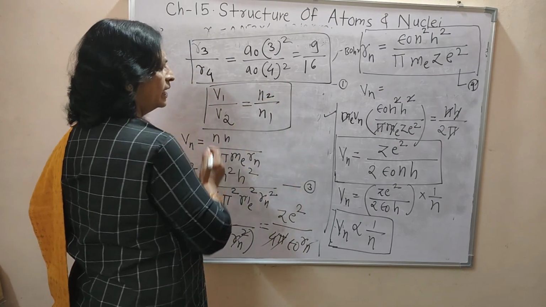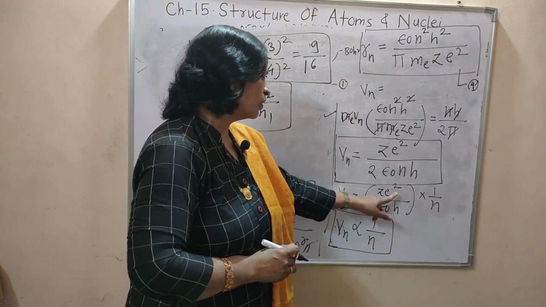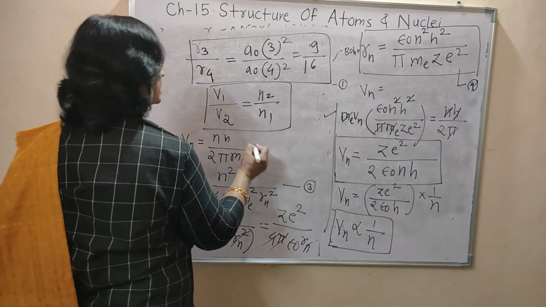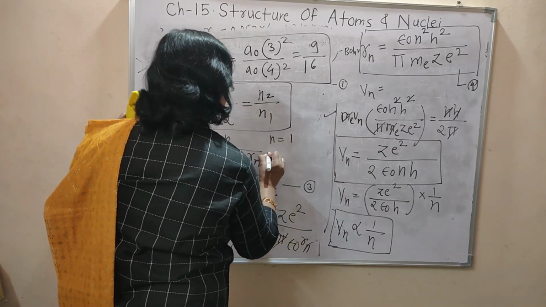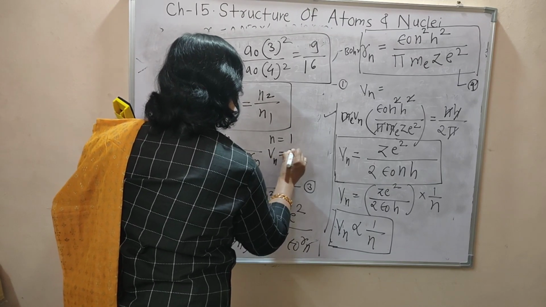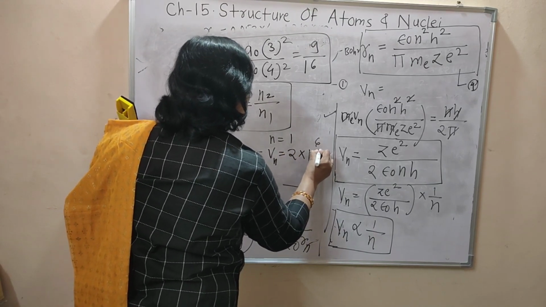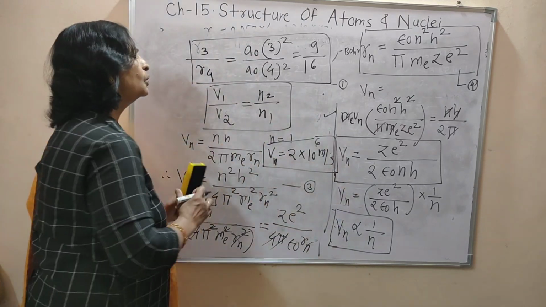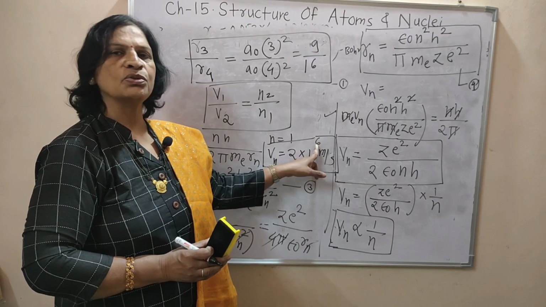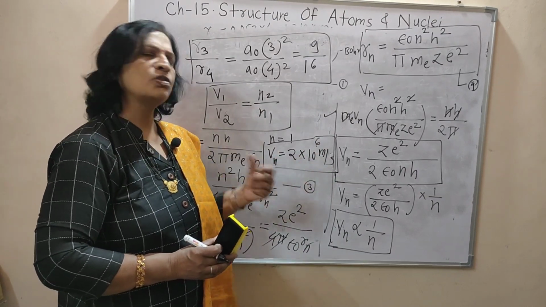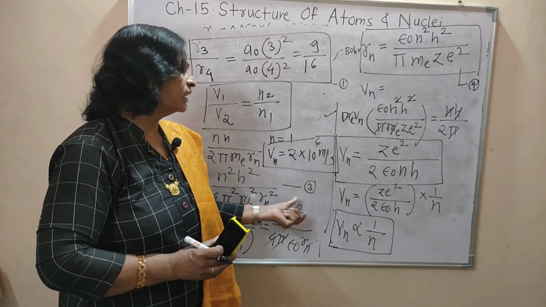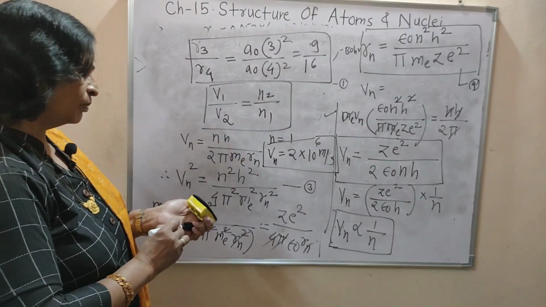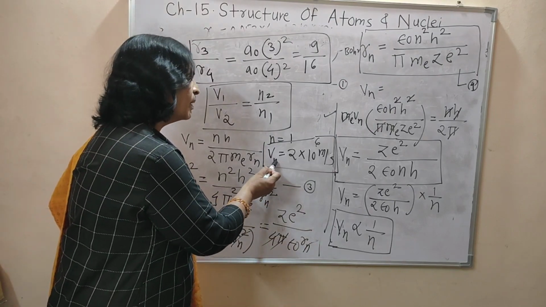Understood? If we substitute the values of all constants for n equal to 1, the linear speed is 2 into 10 raised to 6 meter per second. In some books, its value is given as 2.2 into 10 raised to 6 meter per second. This is the approximate value, and we can calculate the linear speed of the electron in any orbit; you only have to substitute the number of that orbit.